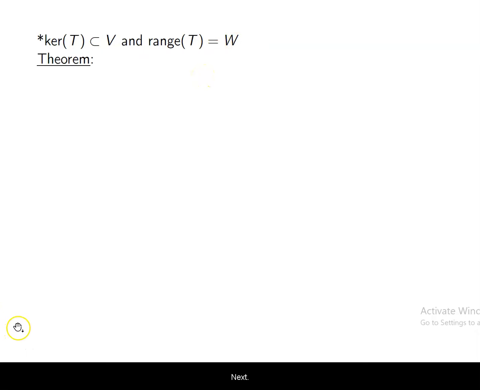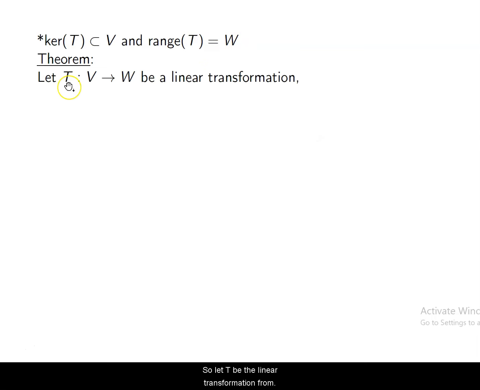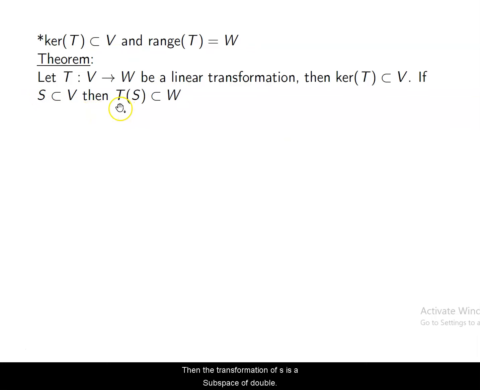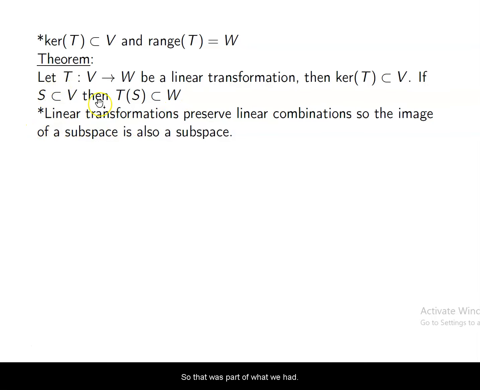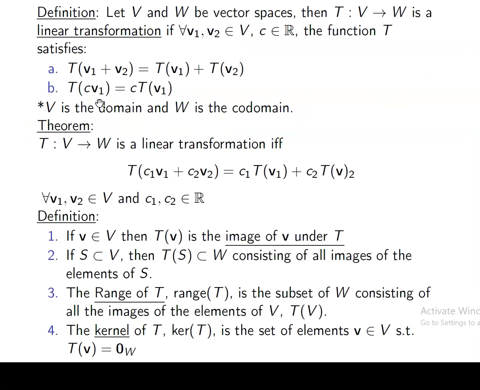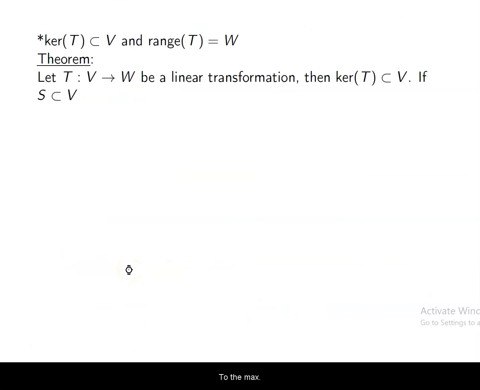So, next theorem. Let T be a linear transformation from V to W. Then the kernel of T is a subspace of V, which we stated above. Okay. If S is a subspace of V, then the transformation of S is a subspace of W. So that was part of what we had above here. It's two of them actually.